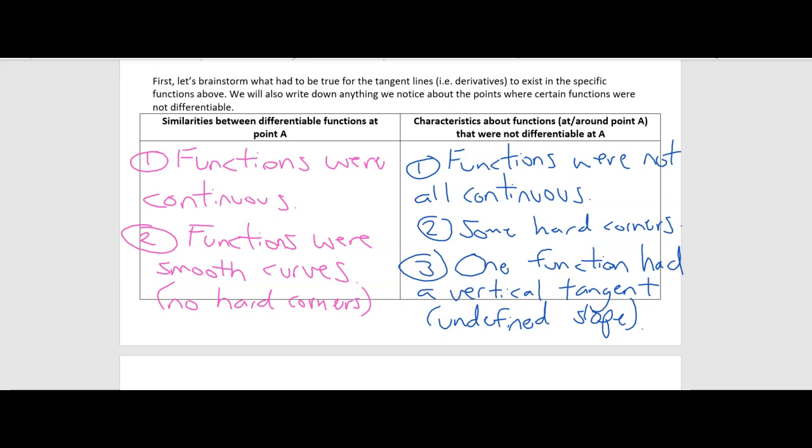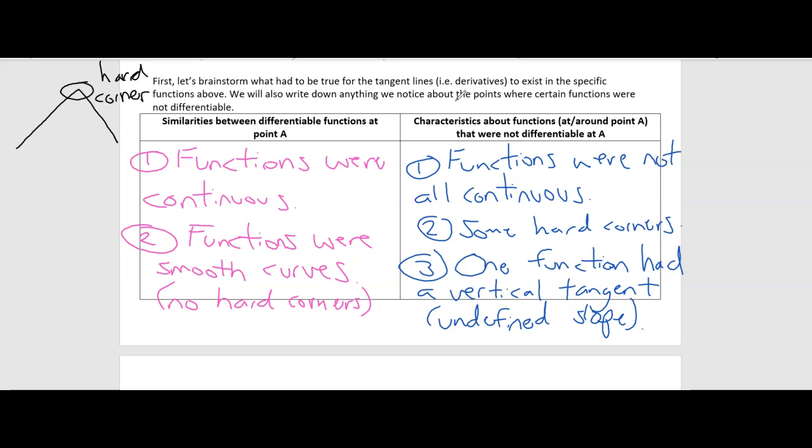An example of a hard corner would just be something like this, right? This would be a hard corner. Okay, and we talked about how we were unable to draw a tangent line when we had a hard corner like that.